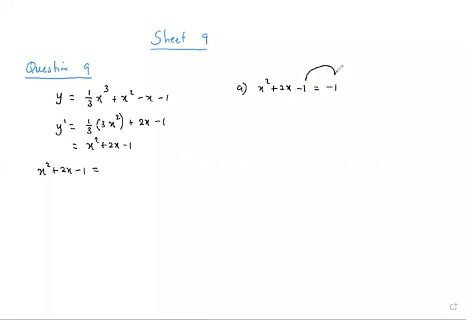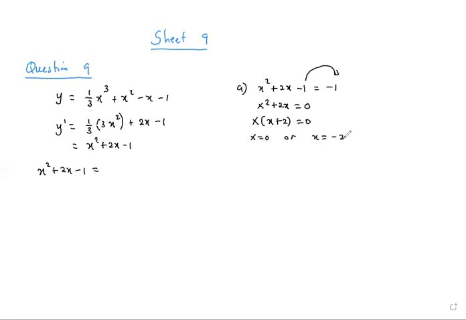If we take this number the other side, we'll have x squared plus 2x is equal to 0. So that x(x plus 2) is equal to 0. So x is 0 or x is -2. So these are the values of x at which the slope of the line that passes through these points is -1.